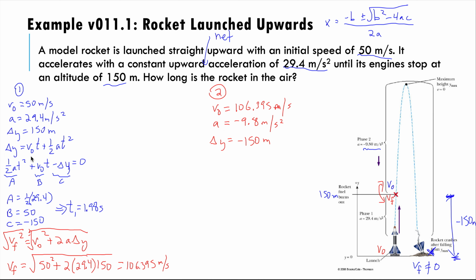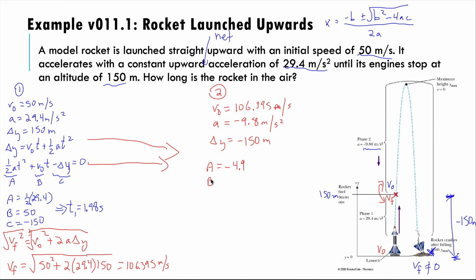We're going to use the same kinematic equation that we chose here and define our variables the same way and plug it into the same quadratic formula. Let me go ahead and define A, B, C so that you can plug them into the quadratic formula and solve for the time. A is going to be 1/2 of little a, so it's going to be negative 4.9, since it's 1/2 of negative 9.8.